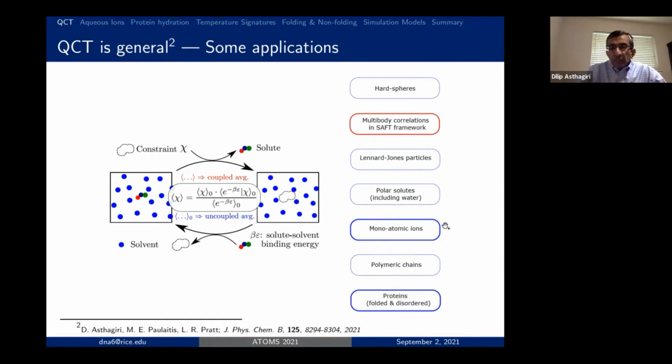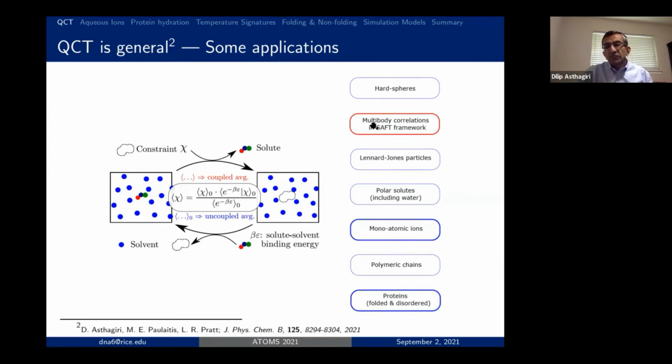In the talk today, I'm going to focus very briefly on monoatomic ions, and I'm going to look at proteins, both folded and unfolded or disordered. In passing, I want to note, because Walter Chapman presented his talk in one of the previous seminars, that ideas from quasi-chemical theory have now been incorporated into the SAFT framework, where quasi-chemical theory allows you to take account of multi-body correlations.